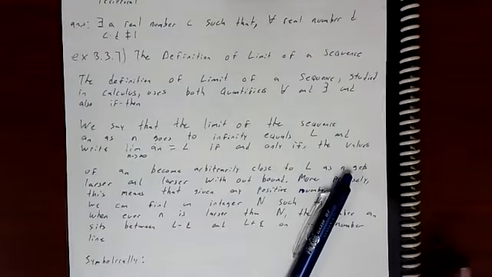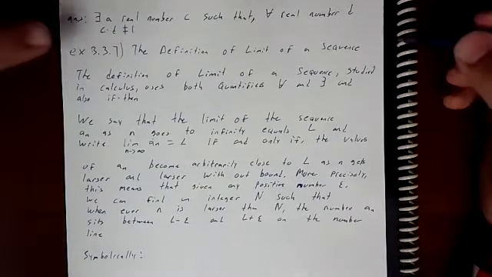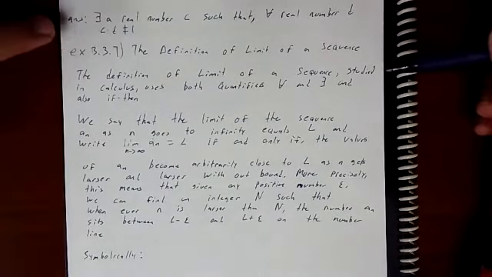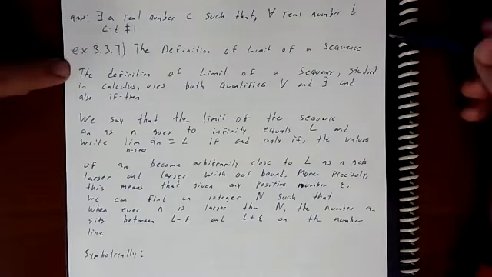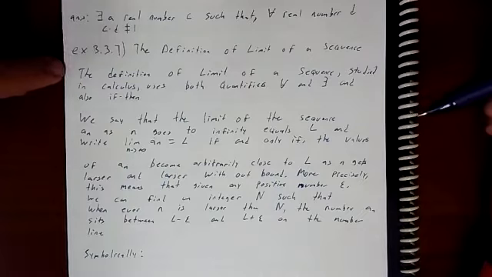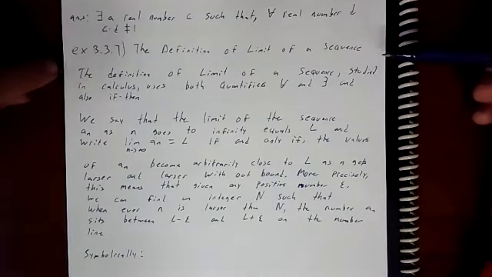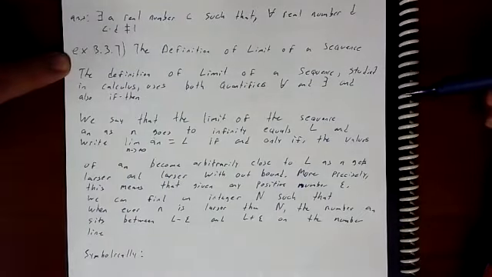Okay, so the next example, we're going to review the definition of a limit of a sequence. If you've taken calculus, this should be familiar, although even when you're in there, this definition is a little confusing until you visualize it.